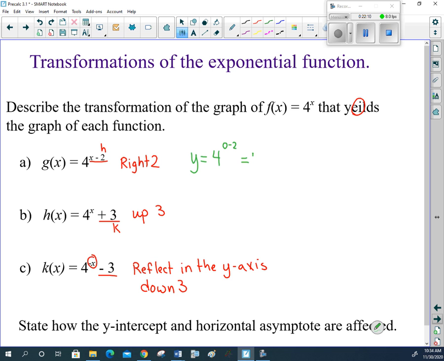So that's going to be 4 to the negative 2 power, which is 1/16. So it looks like my y-intercept is now (0, 1/16) instead of (0, 1).